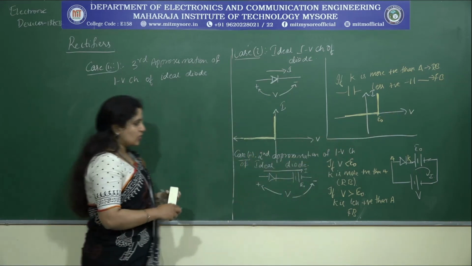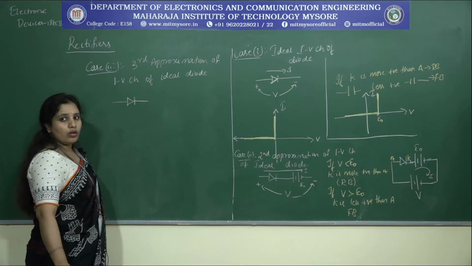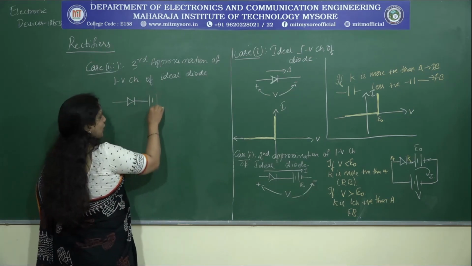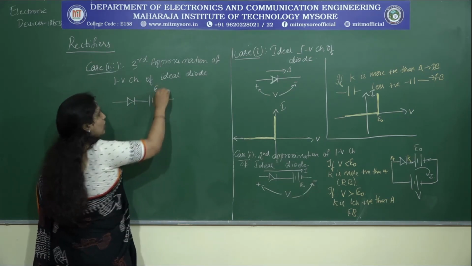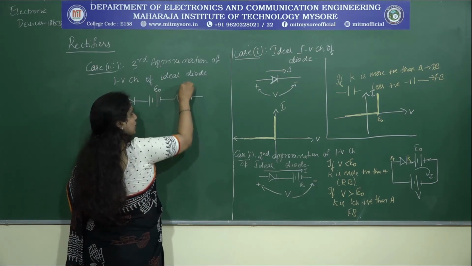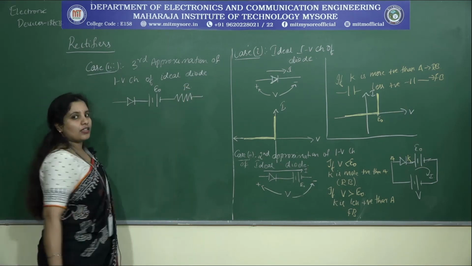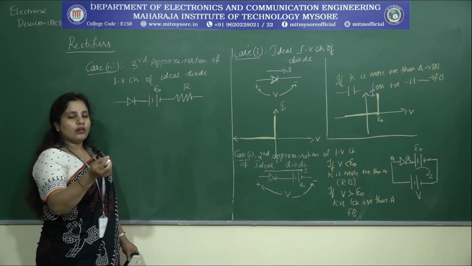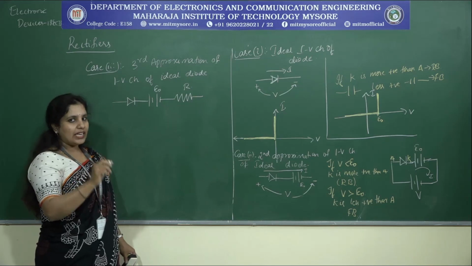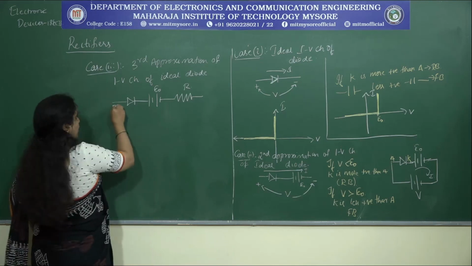Now why that characteristic is exhibited is, if I have an ideal diode, and I connect the offset through a battery, and then a resistor is connected, we know that when a resistor is added, the characteristic observed becomes linear.